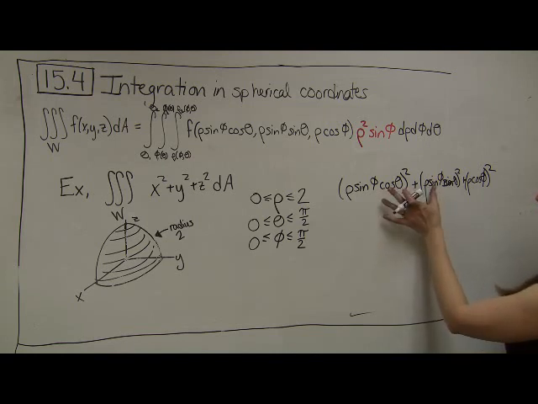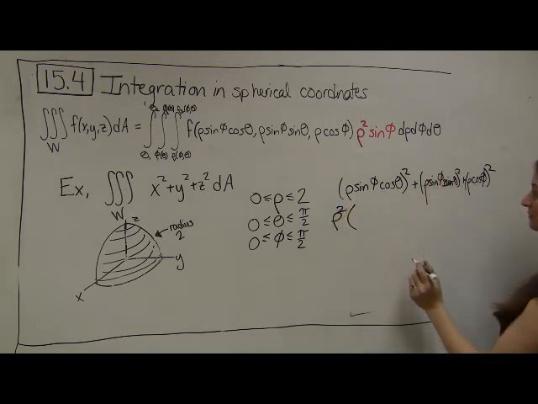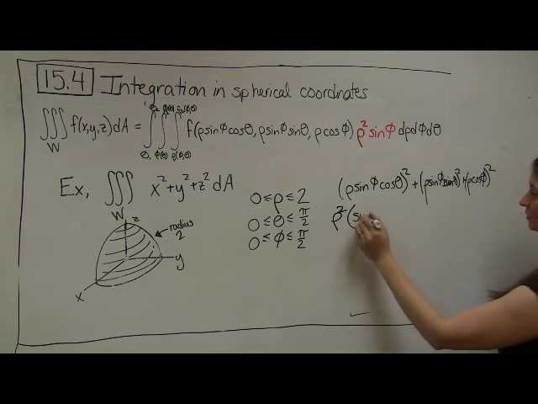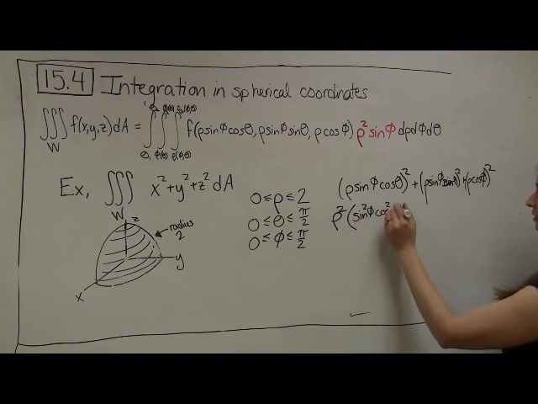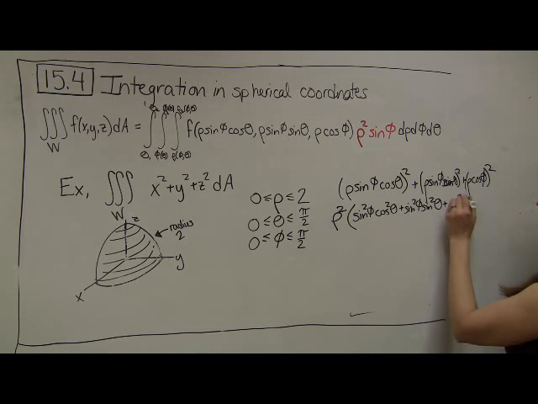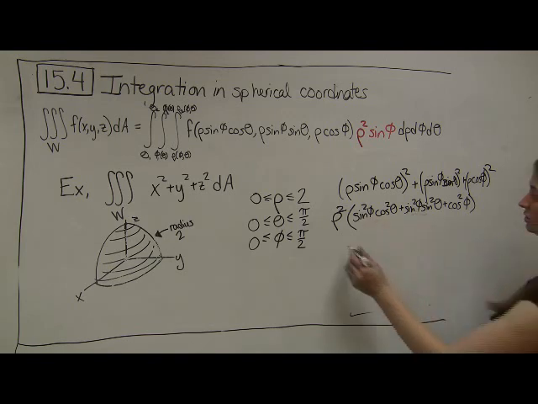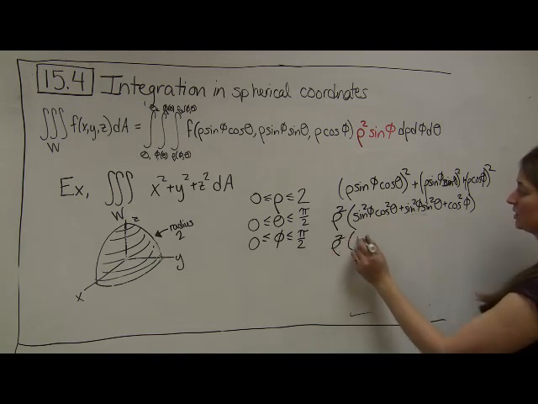Immediately, I'm going to pull out a rho squared from each of these terms, because the rho squared is redundant. And I see that I'm left with sine squared phi cosine squared theta plus sine squared phi sine squared theta plus cosine squared phi. So again, I'm going to pull out a sine squared phi from these first two terms. So I have a rho squared on the outside.